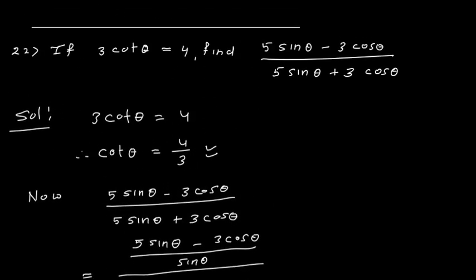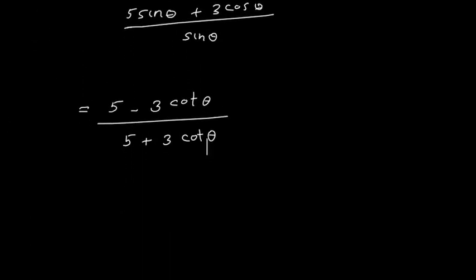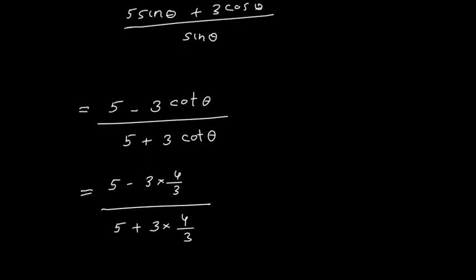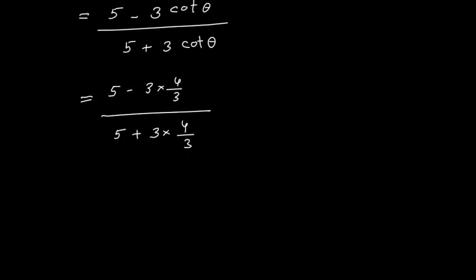Now the value of cot theta is 4 upon 3. So put the value. So this is 5 minus 3 into 4 upon 3 whole divided by 5 plus 3 into 4 upon 3.